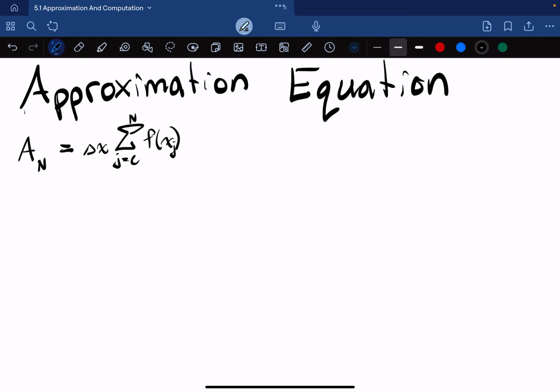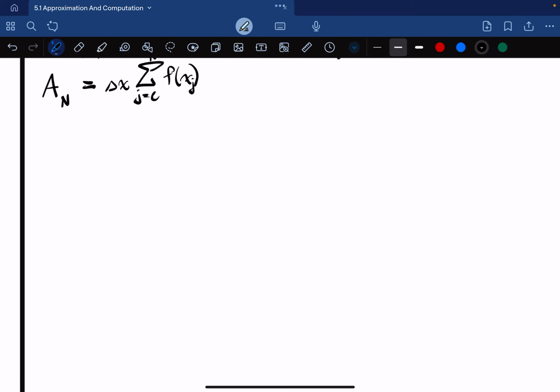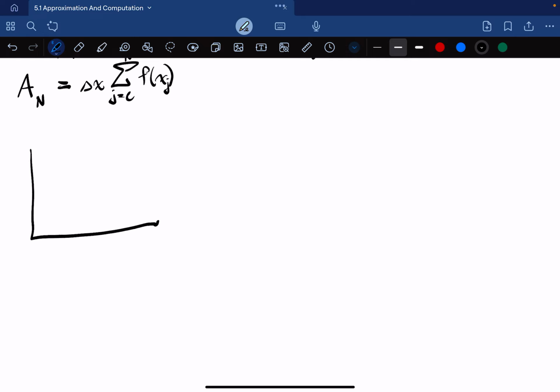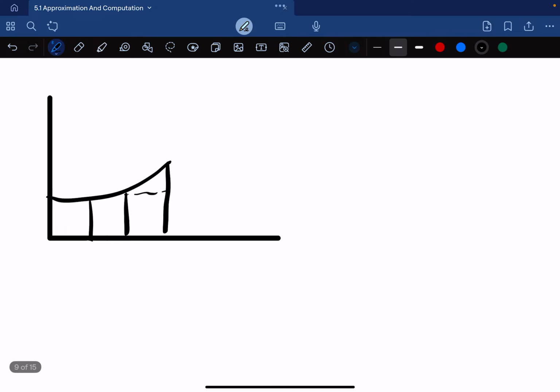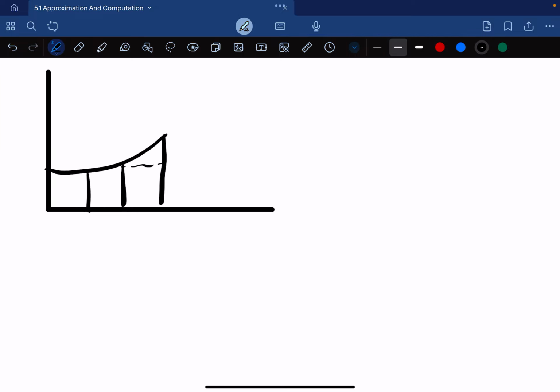So where does this wacky formula come from? Well, let's say I have a graph of something like that. And let's say I split this into 3 rectangles, okay? Well, the delta x's are all going to be the same, right?